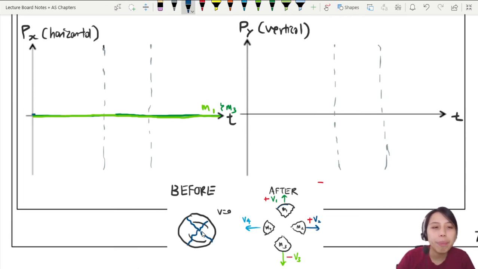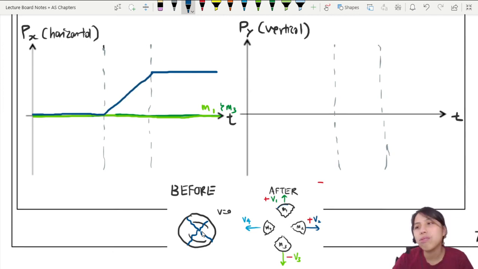So before anything happened it is 0. Let's draw a 0. Then you hit the thing, and it suddenly increases to some momentum moving to the right. So we can draw something like this. You can round off the edges if you want to. So this is the momentum of piece number 2.